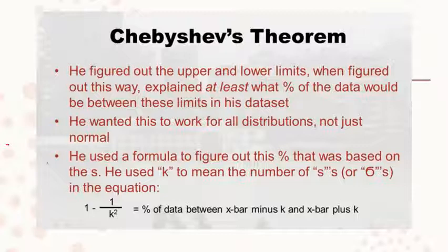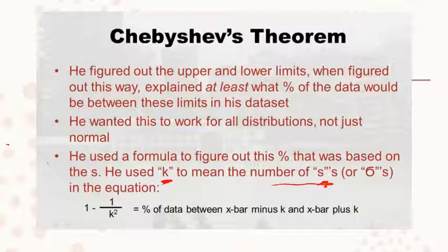Okay, so in the formula he came up with, he used K to mean the number of standard deviations, S, that you're going to use in your equation. Because remember the last slide, you can use multiple standard deviations, not different standard deviations, but whatever the standard deviation is that you calculated, you can use that a couple times.